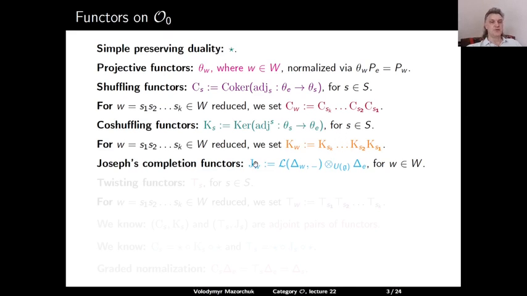Then we have Joseph's completion functors JW, which are defined for an element W in W using Bernstein-Gelfand equivalence.